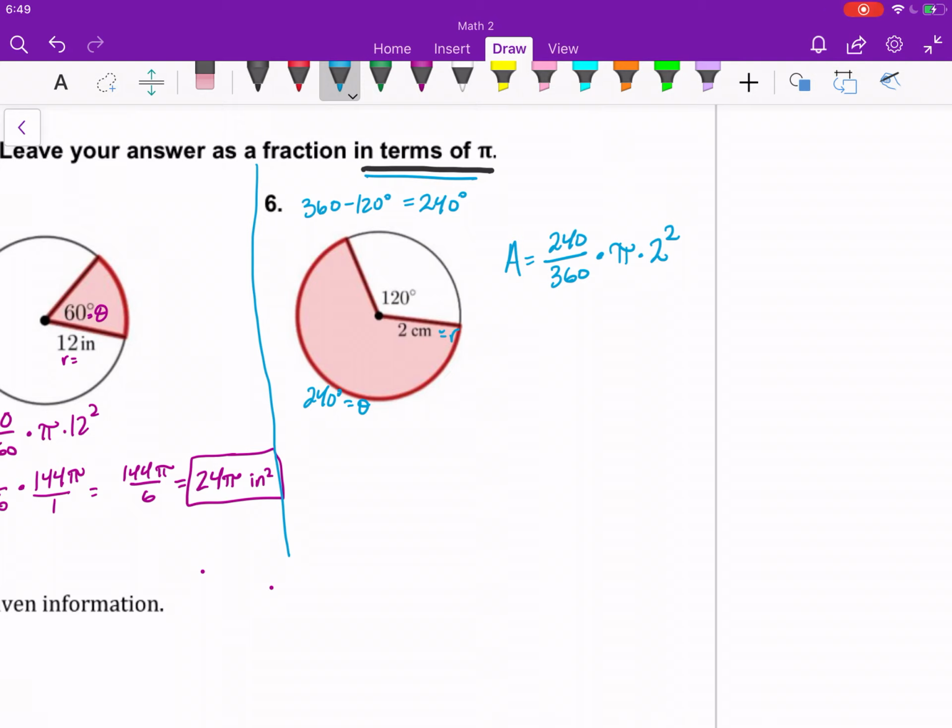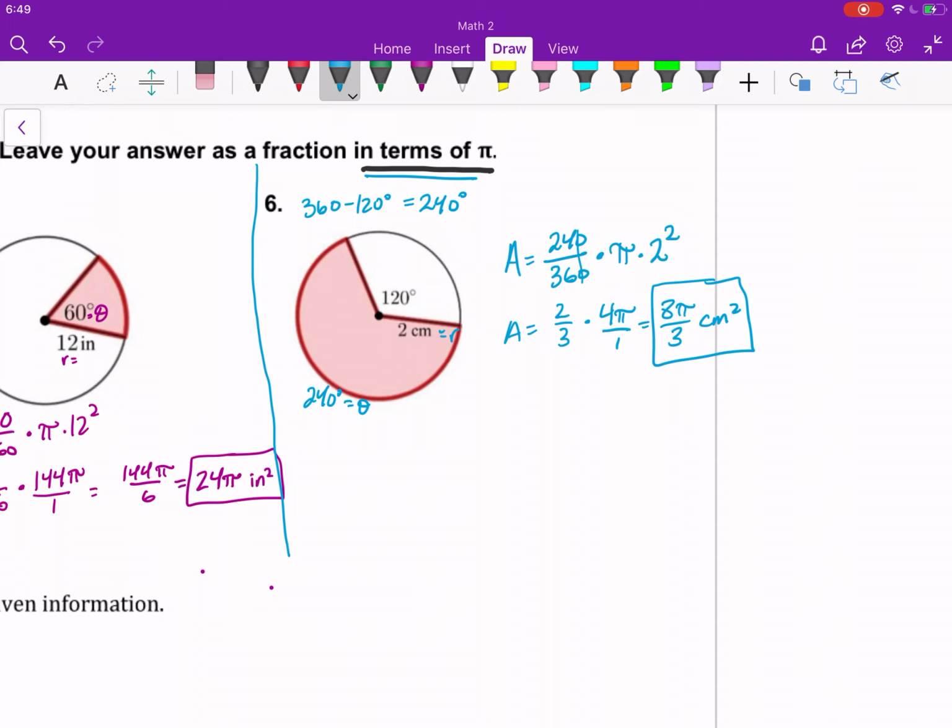So 240 over 360, or 24 over 36, because you can get rid of that zero, simplifies down to 2 over 3 times 4 pi. I can put that 4 pi over 1 and multiply straight across. 8 pi over 3. And then we just need to remember our units, square centimeters. So 8/3 does not simplify down, which is why I'm done.